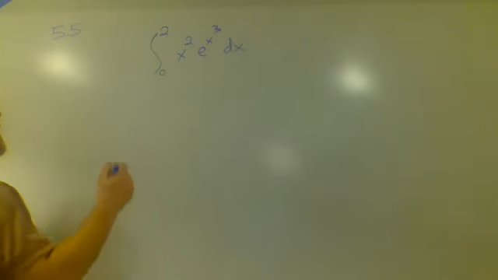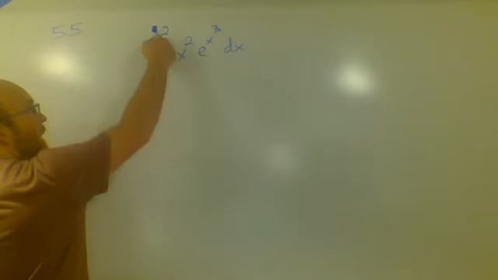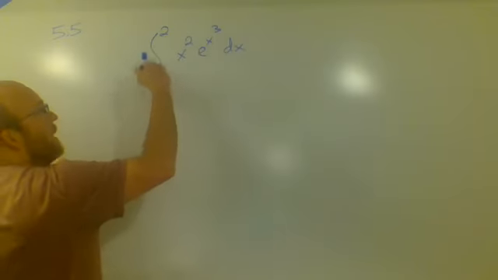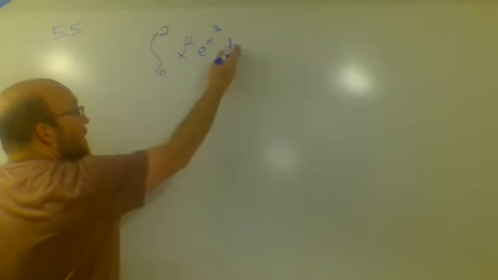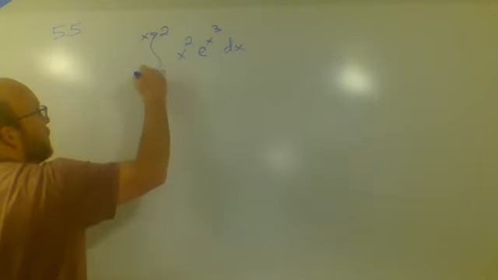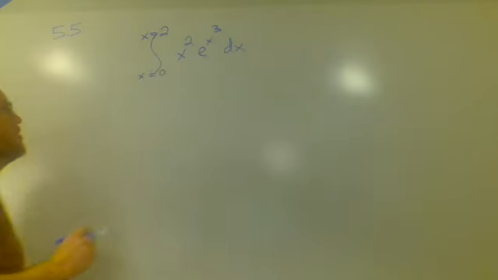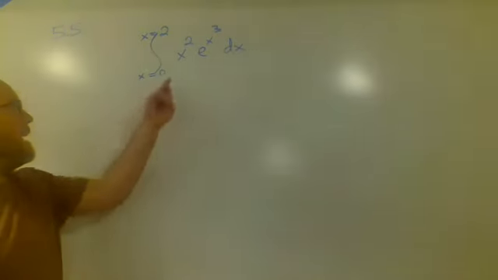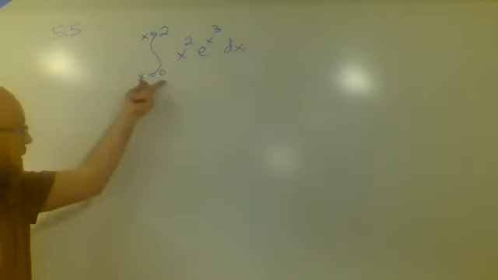Okay, so the key thing that you need to be aware of here is nothing more than when we write the 0 and the 2 here, these represent values that we're eventually plugging into, in this case, x, since that's the variable we're using. So you don't actually have to write these up here if you don't want to, but mentally, you should be aware that we're finding the net area under this curve between x equals 0 and x equals 2.